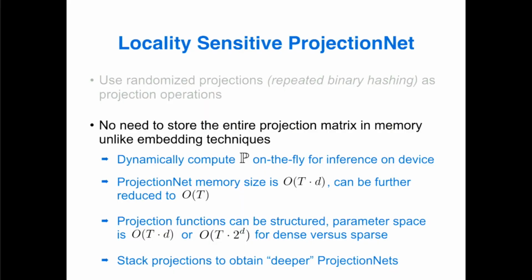So just to break it down, you don't store the entire projection matrix in memory. You're storing some random numbers, and you use each of those with this function to generate a value that activates that neuron in that particular layer. And you can stack them to get deeper versions of projection networks.